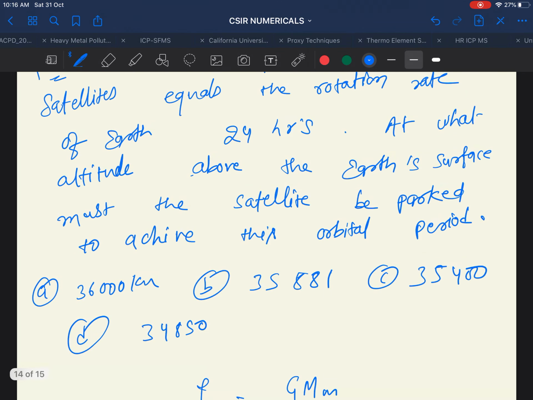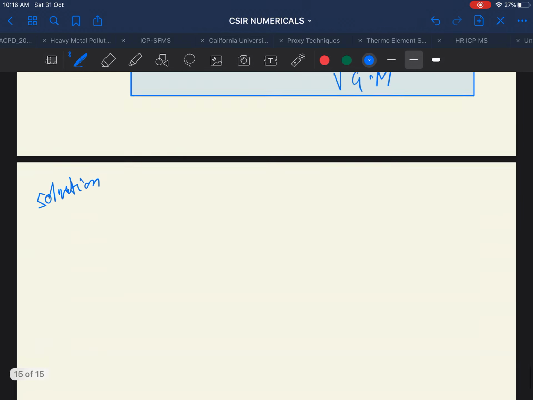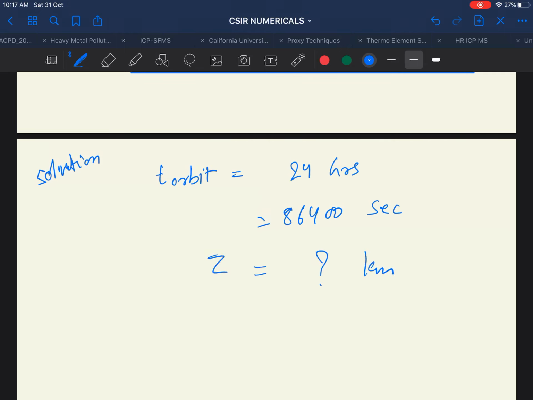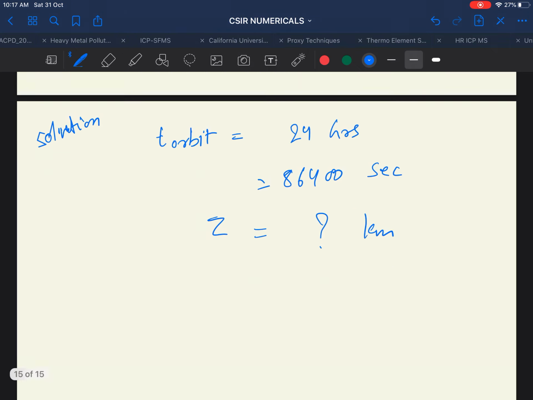In the given question, only 24 hours is given. T orbit is given as 24 hours, that is 86,400 seconds. In one day we have this many seconds. We have to find z, which is basically the height.